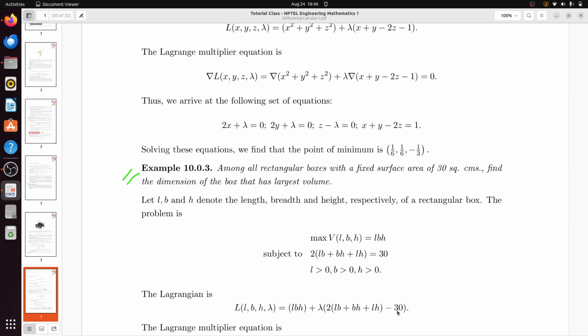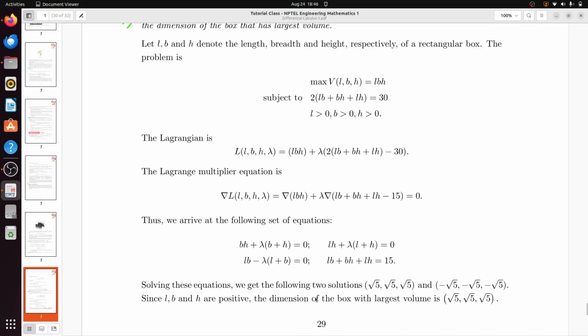Sir, x equal to root 5. Wow. And y equal to root 5, z equal to root 5. You just take derivatives with respect to x, y, z. You will get two solutions: root 5, root 5, root 5, and minus root 5, minus root 5, minus root 5. Since L, B and H cannot be negative, they should be positive. So the dimensions of the box with largest volume will be square root 5, square root 5, square root 5.